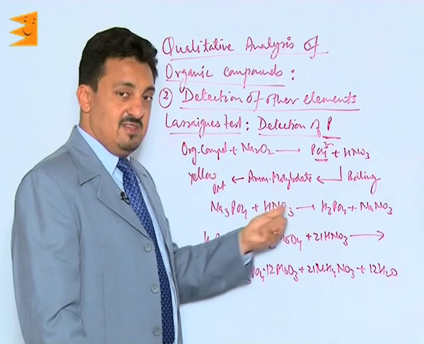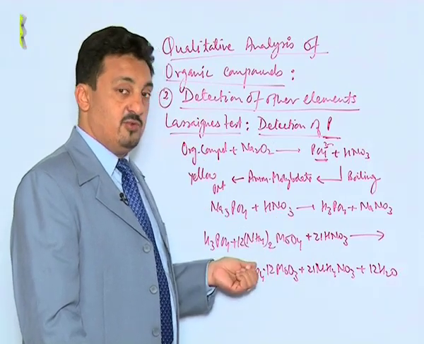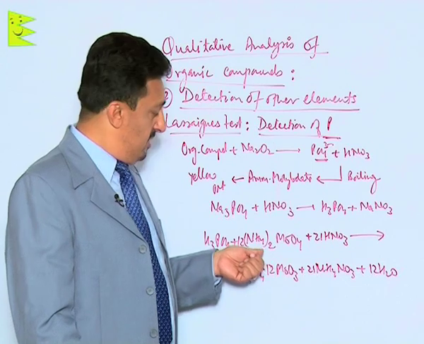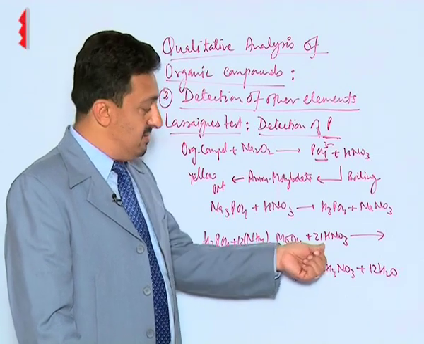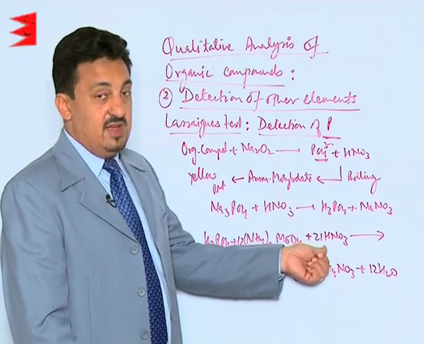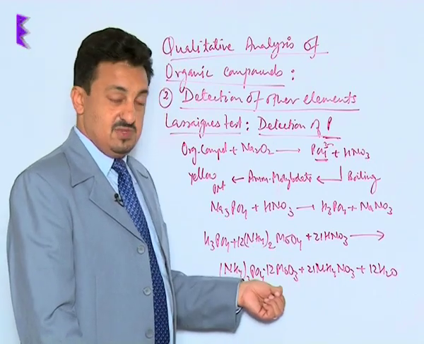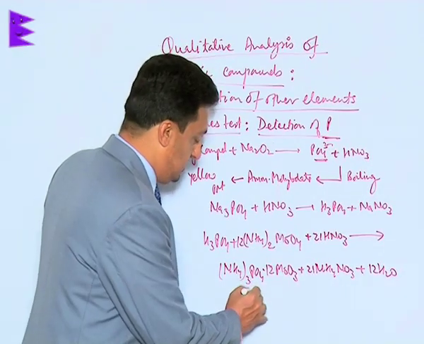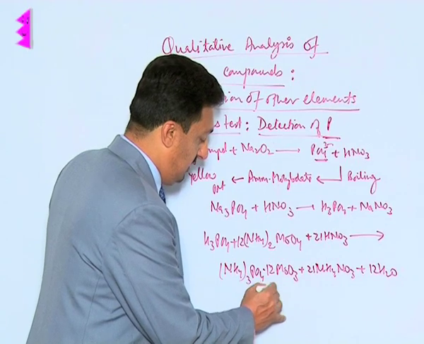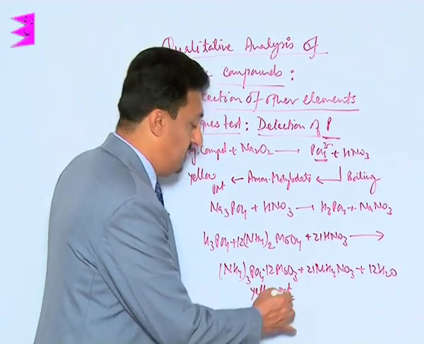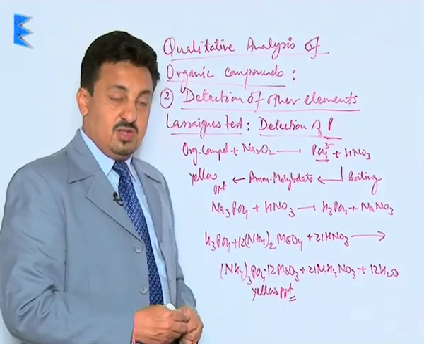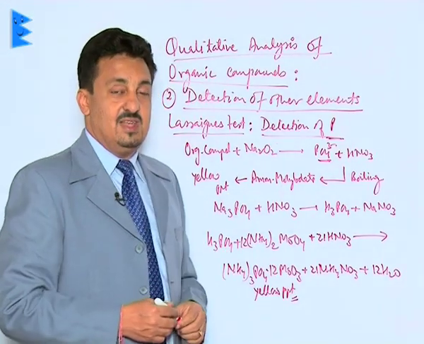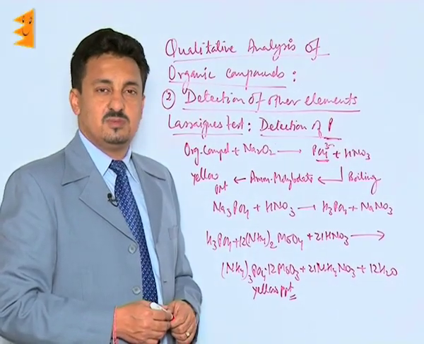Now this phosphoric acid combines with ammonium molybdate, (NH4)2MoO4, in presence of nitric acid. Then we get ammonium phosphomolybdate, which is yellow in color, as a yellow precipitate along with ammonium nitrate and water. And this is how we can detect the phosphorus in the organic compounds.